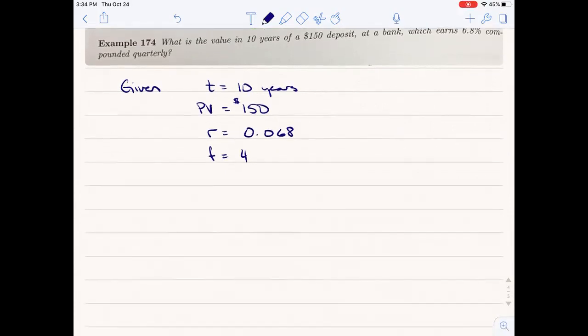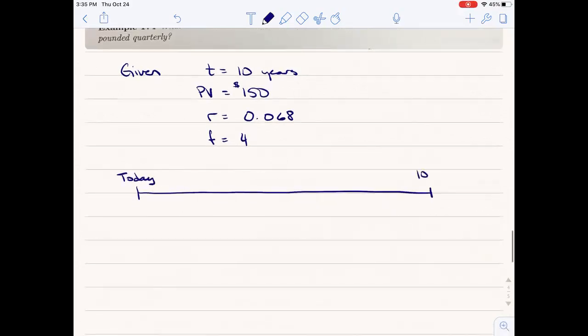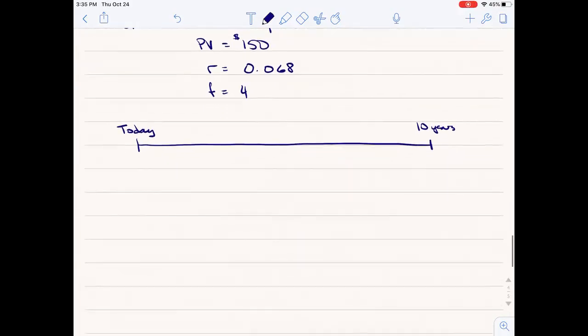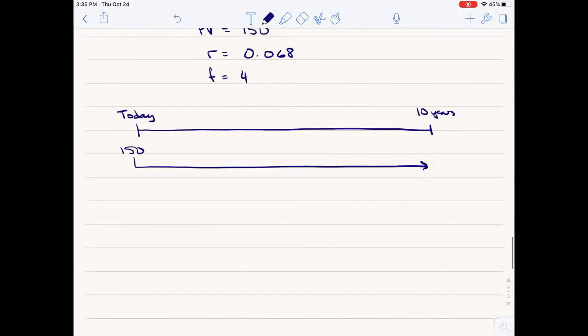Okay. So in terms of our timeline, we don't have specific dates, but if we just say that this is today and this is at 10 years from today, or it doesn't matter when it is, then we've got a present value of $150, which is going to grow to some future value, the exact same way that we drew it for simple interest.